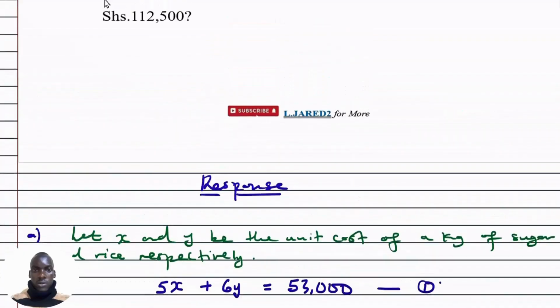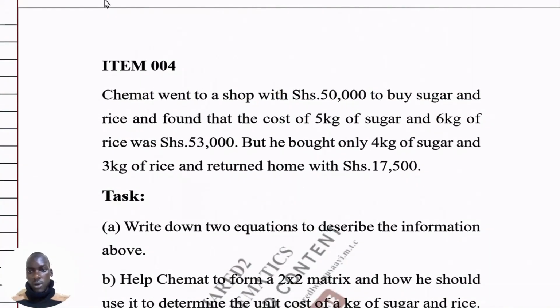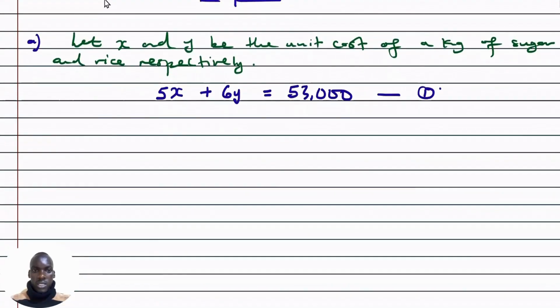Then as we still continue reading, but he bought only 4 kilograms of sugar and 3 kilograms of rice and returned home with shillings 17,500. Remember, he went with 50,000. That means we need to form this second equation. He bought only 4 kilograms of sugar, that means 4 multiplied by the unit cost of sugar plus the 3 kilograms of rice multiplied by the unit price of a kilogram of rice, which is Y, should give us the 50,000 that he went with, take away the amount of money he returned with, which is 17,500.